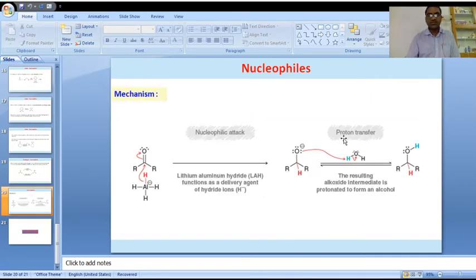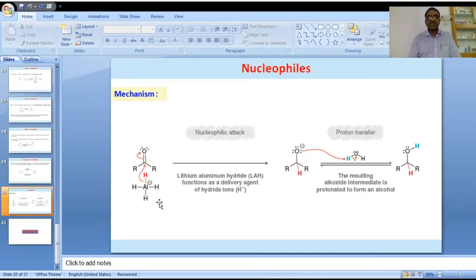This is the mechanism of the hydrogen nucleophile reaction. In presence of lithium aluminum hydride, LAH, this reaction proceeds in two steps. The first step is nucleophilic attack, and the second step is called the proton transfer step.